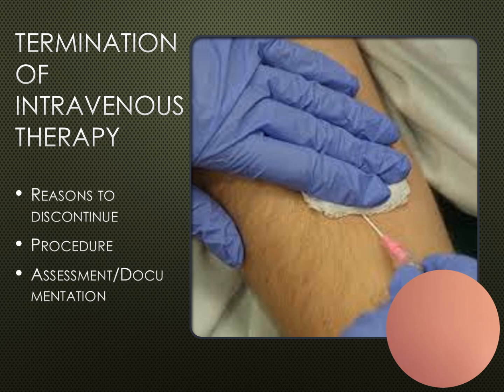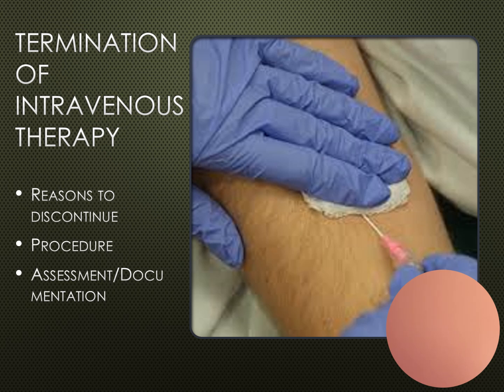So during removal, we are going to always inspect the cannula once it's removed. So how do we do this? First of all, we review our order, make sure that we have the order to remove the site if we're discontinuing it, or if for any of these reasons I just mentioned, we're going to loosen the securement device.